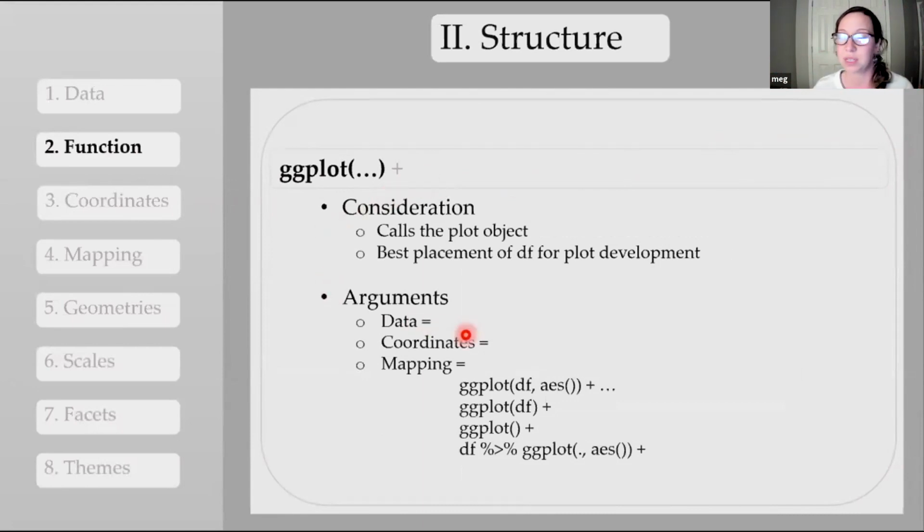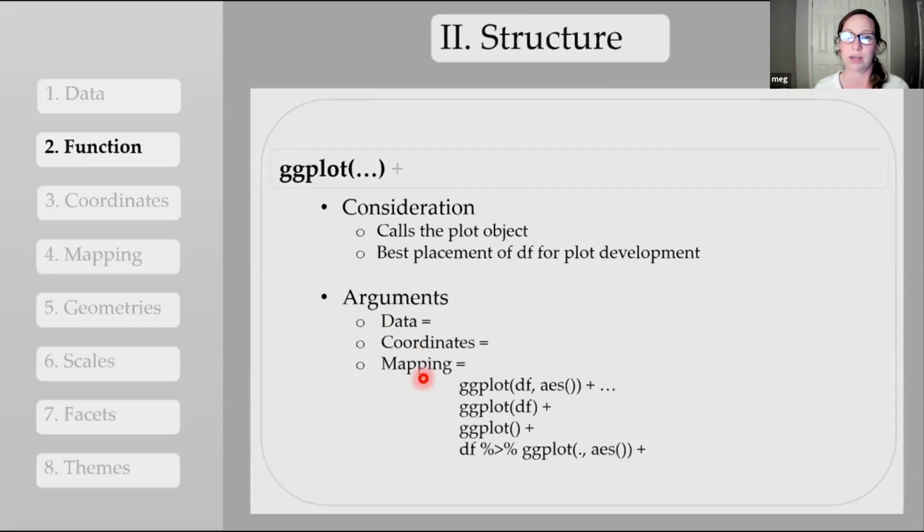The arguments within ggplot, it's looking for your data, which you can pipe through. It's looking for coordinates. These can either be X and Y, or just X or just Y. It depends on the geom that you're using. You can also set your mappings here. This is if you have additional variables that you'd like to have a scale to.